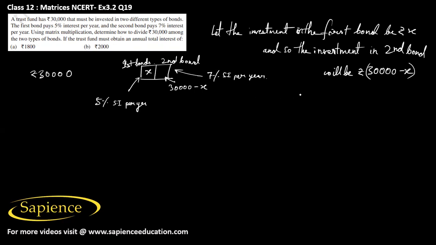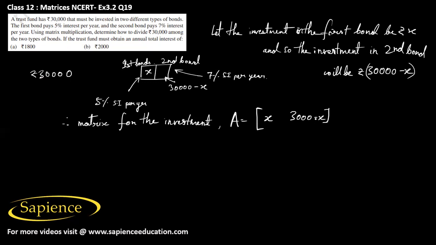So now therefore the matrix for the investments in the first bond and the second bond is, let's say it is A, that will be X and 30,000 minus X. So we are using a row matrix.